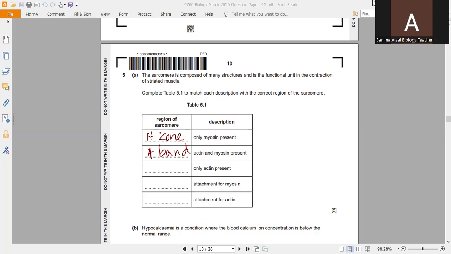Only actin is present, that is the I band. Attachment for myosin is the M line, and attachment for actin is the Z line.